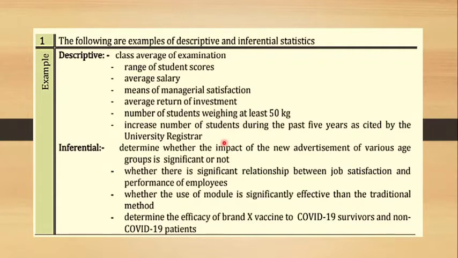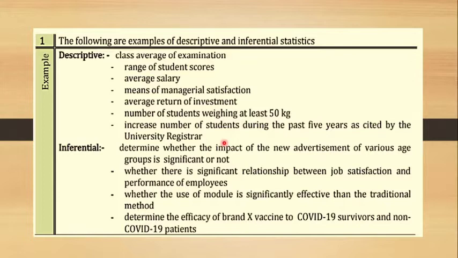Examples of descriptive statistics: the class average of an examination, range of student scores, average salary, mean of managerial satisfaction, average return of investment, number of students weighing at least 50 kg, increased number of students during the past 5 years as cited by the university registrar.